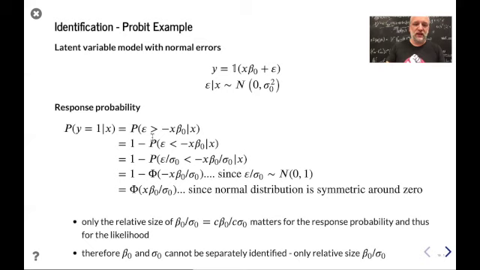So we basically get a CDF of epsilon. Since this is normally distributed with that variance, you can divide both sides by sigma, and then you get something that is standard normally distributed.